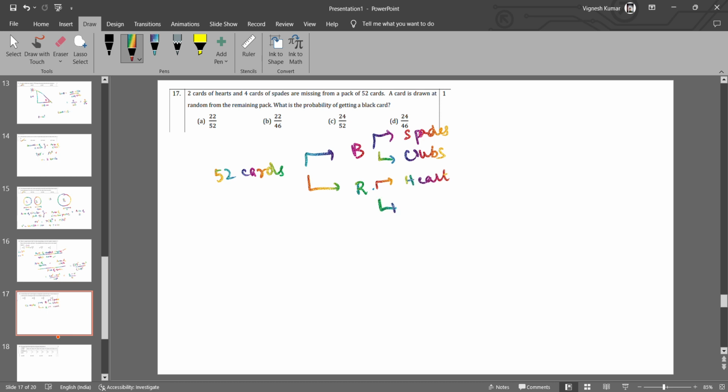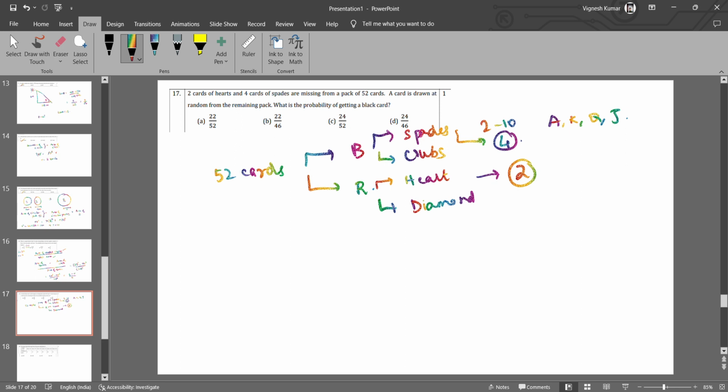In red cards we have heart and diamond, and in each one of these we have numbers from 2 to 10 and an ace, king, queen, jack, right? So what they have given, two cards of heart and four cards of spades are lost.